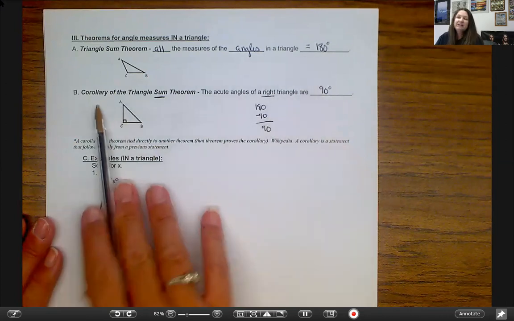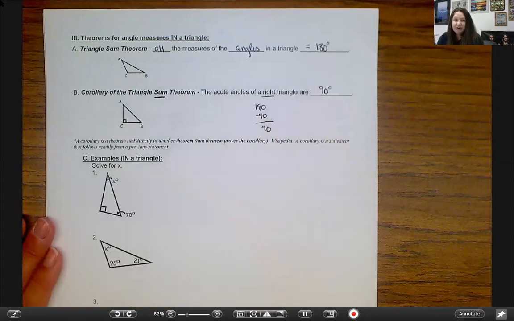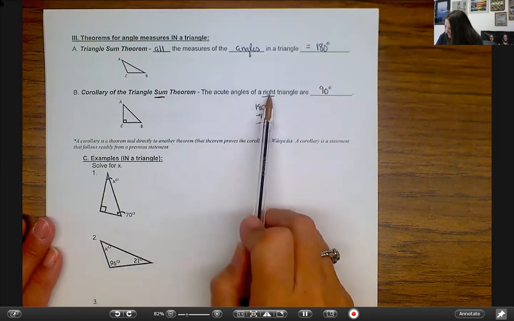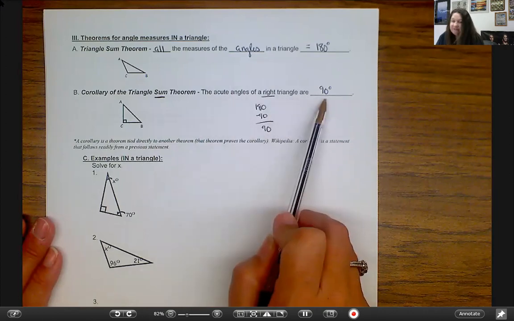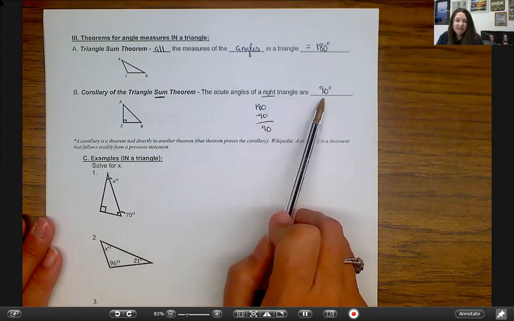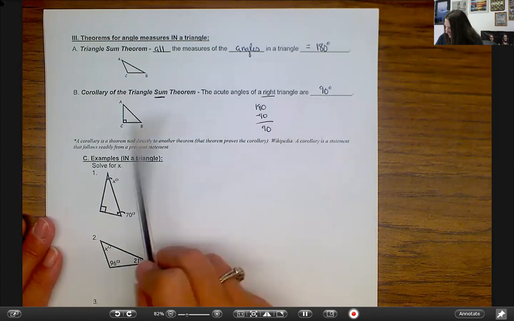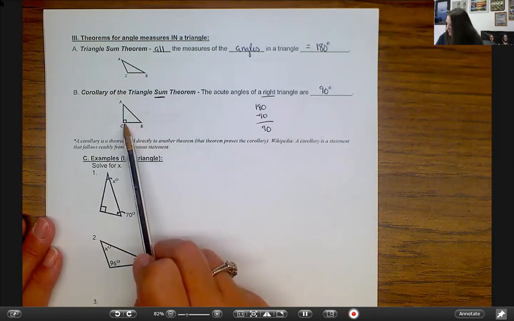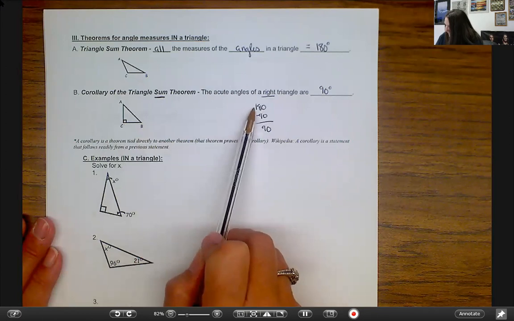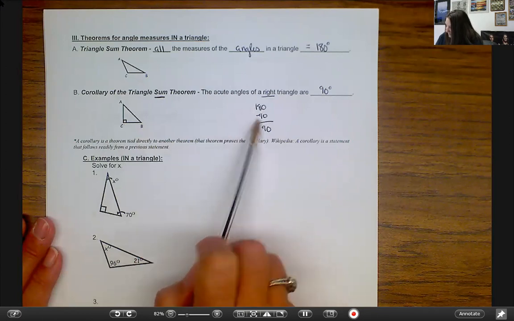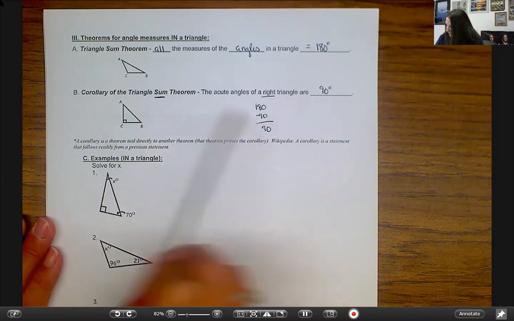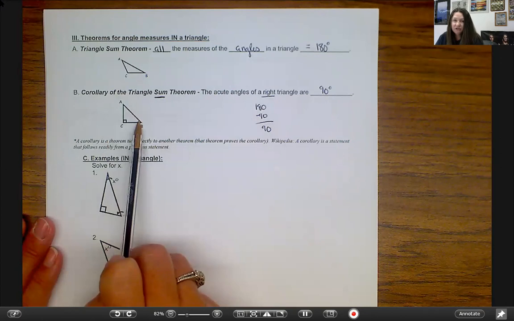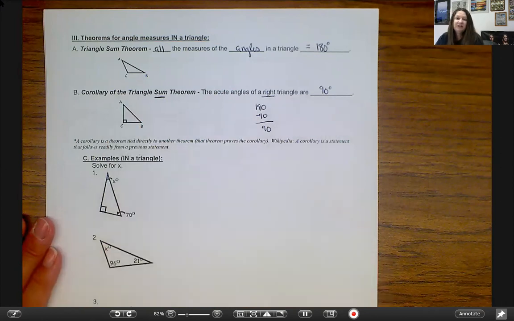Now a corollary, or what we can determine from that, is that if we have a right triangle, the acute angles of a right triangle have to have a sum of 90 degrees. That's because the right angle has to be 90. So if all 3 angles have to equal 180 and the right angle is 90, that leaves 90 degrees left for the 2 acute angles. So you have to have 2 acute angles in a right triangle that add up to 90 degrees.